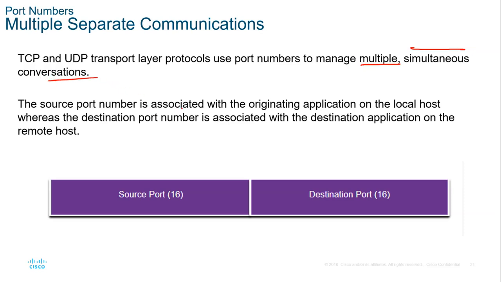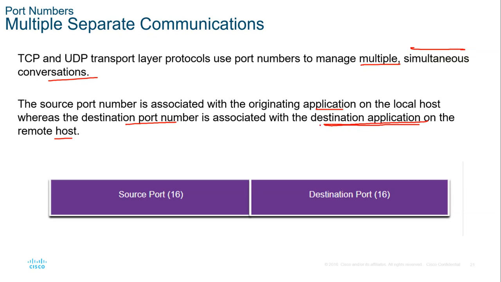The source port number is associated with the originating application on the local host, whereas the destination port number is associated with the destination application on a remote network.